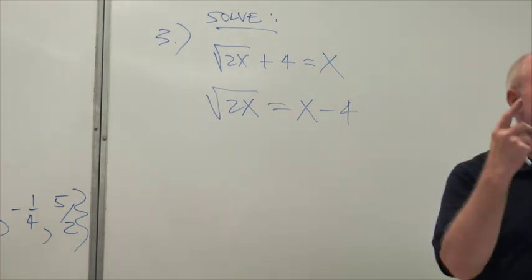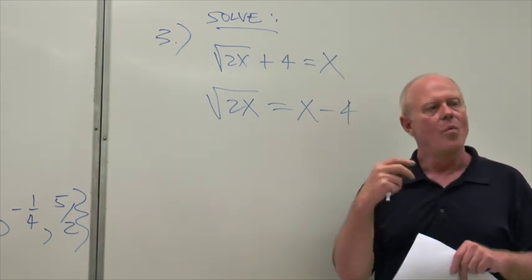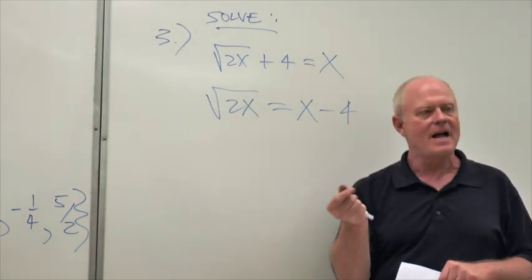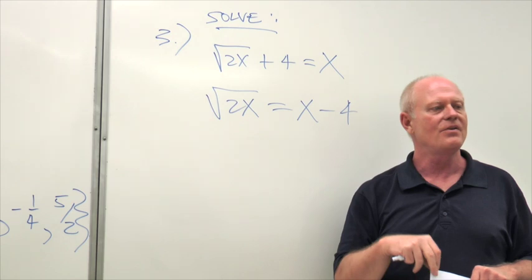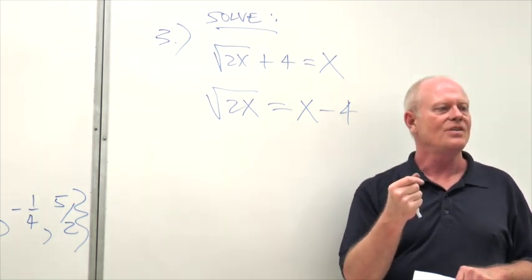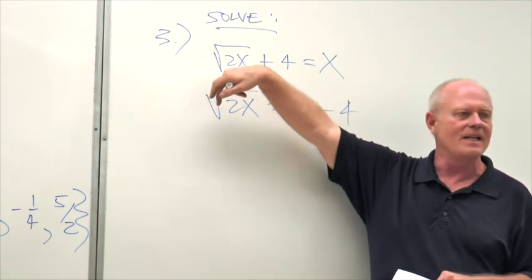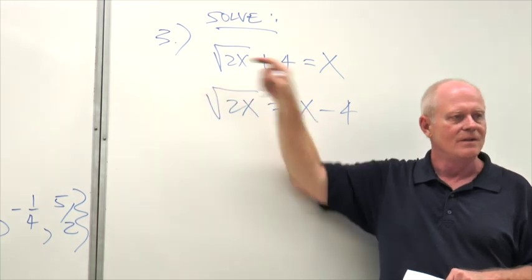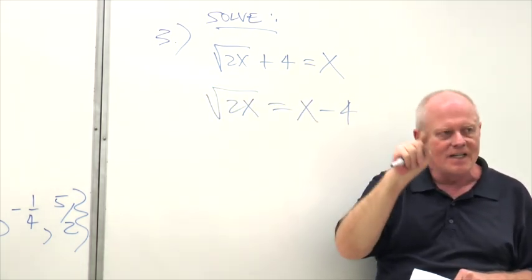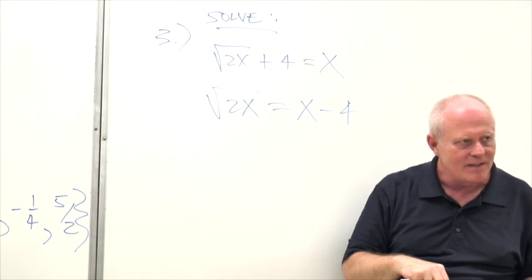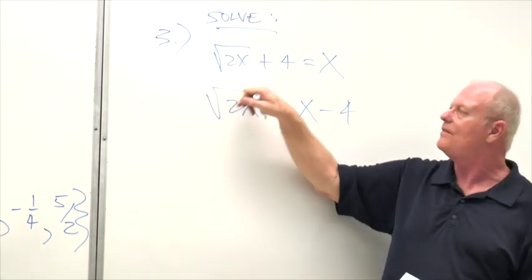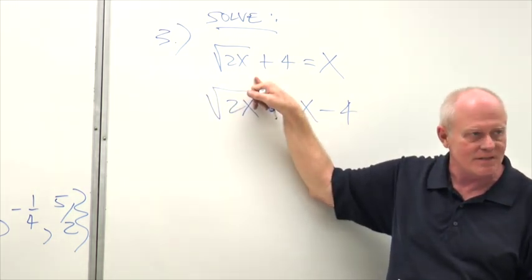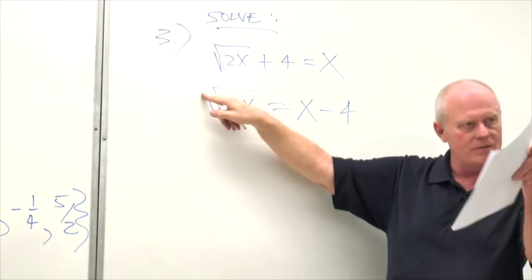And the reason I'm going to do that is because why? What method are we going to do to get rid of that radical? What's the inverse operation of taking an nth root? Square. Yes, raising to the nth power, right? If this was a cube root, I could have gotten rid of it by cubing the entire left-hand side, right? This is a square root, right?